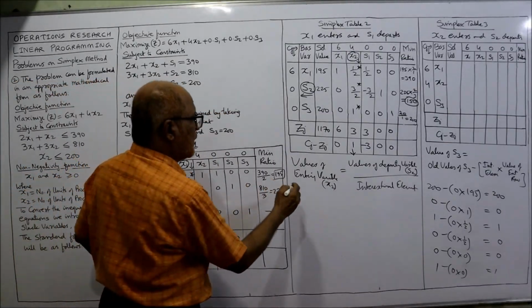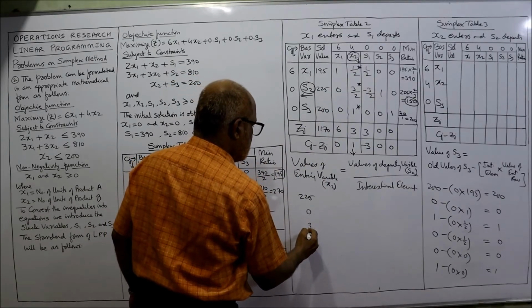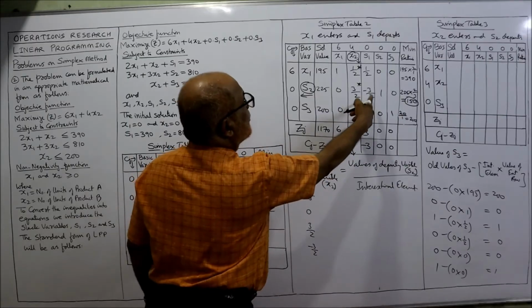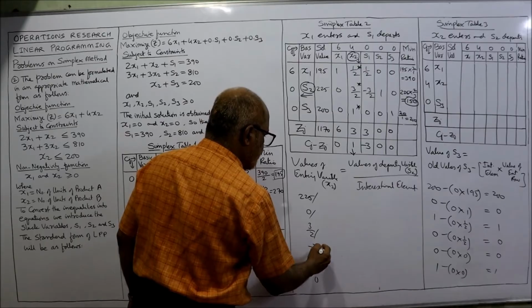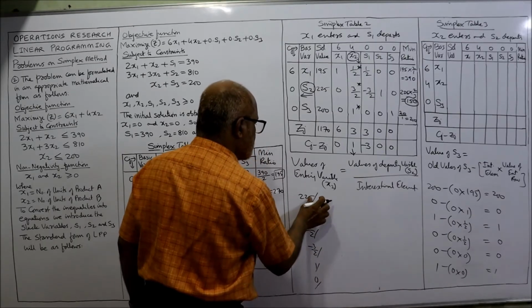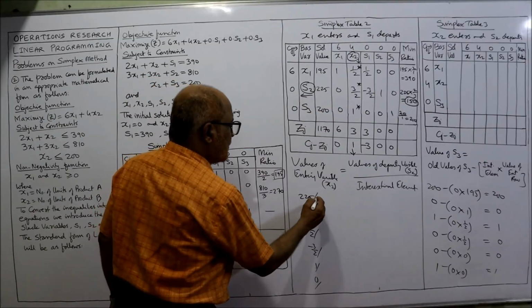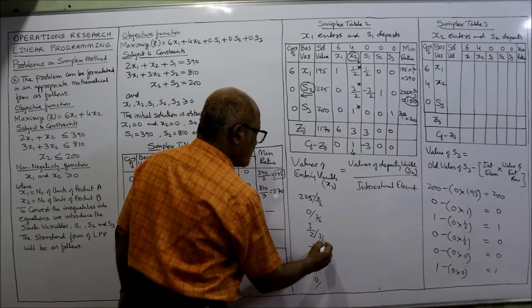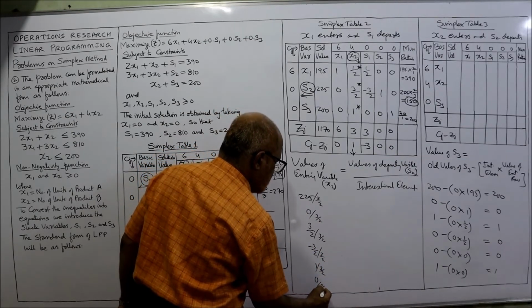The values are 225, then 0, then 3 by 2, minus 3 by 2, 1, 0, 1, 0. Divided by intersectional element. The intersectional element of S2 is 3 by 2. So divided by 3 by 2.